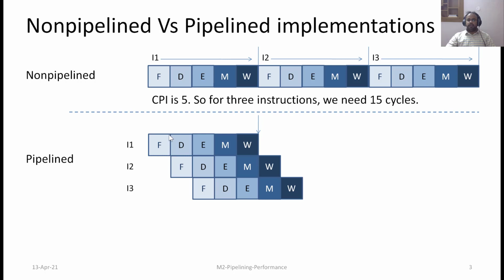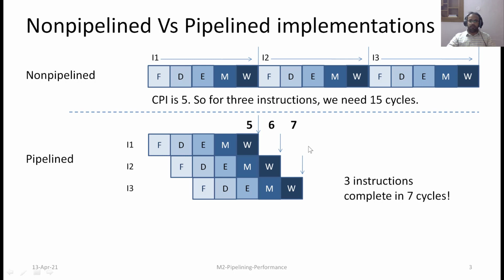So on and so forth. And by the end of the fifth cycle, just like the non-pipeline version, I1 would complete, right? And I2 would complete by the end of the sixth cycle. I3 would complete by the end of the seventh cycle. So we are effectively able to complete 3 instructions in 7 cycles.